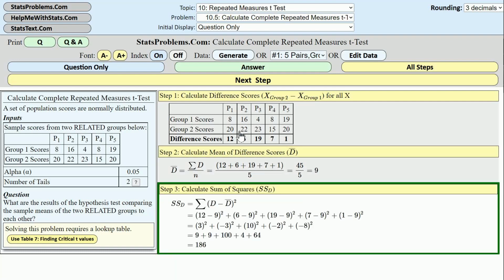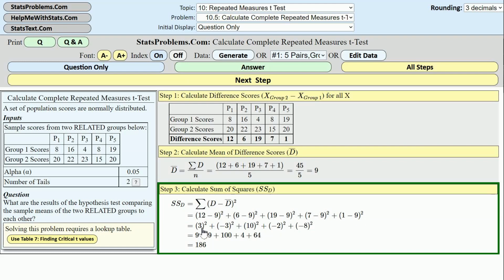In Step 3, we calculate the sum of squares, SSD. The sum of squares, SSD, equals the sum of the squared deviations of each score d from the mean difference score, d bar. In this example, the sum of squares equals 12 minus 9 squared, plus 6 minus 9 squared, plus 19 minus 9 squared, plus 7 minus 9 squared, plus 1 minus 9 squared.